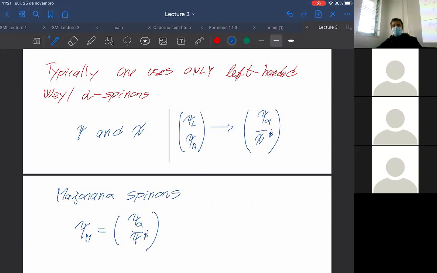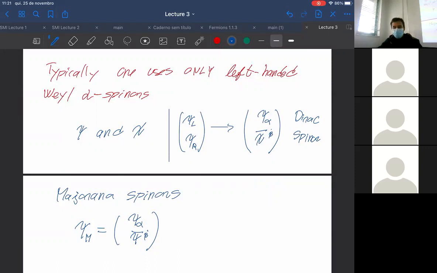So you see, these are two. What is the difference from this? This is a Dirac spinor. And this is a Majorana spinor. What is the major difference that you can tell when you look into this? Basically, when you conjugate the Majorana spinor, you retrieve pretty much the same thing.